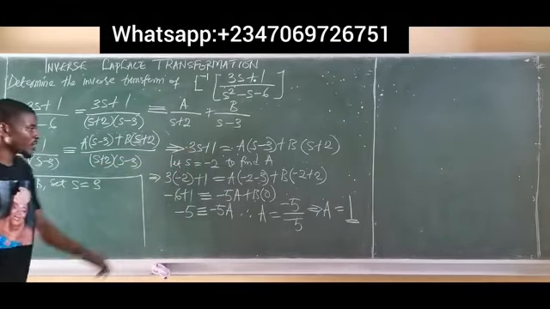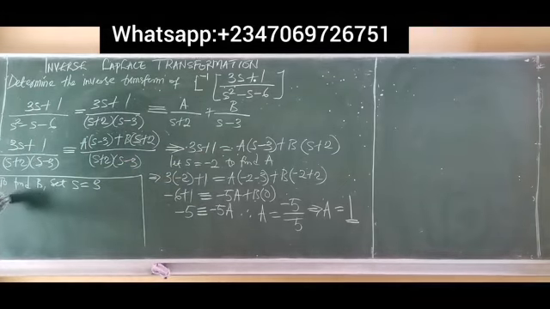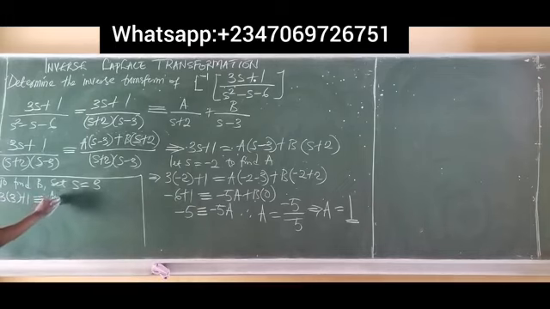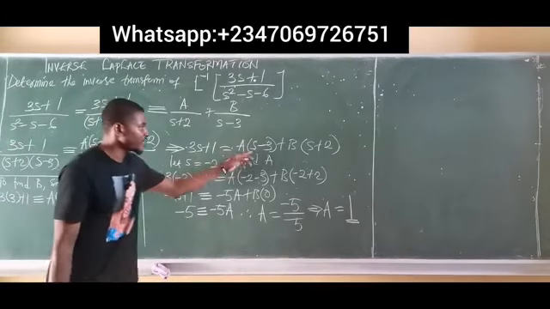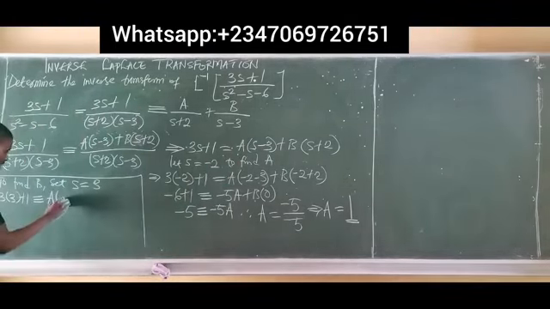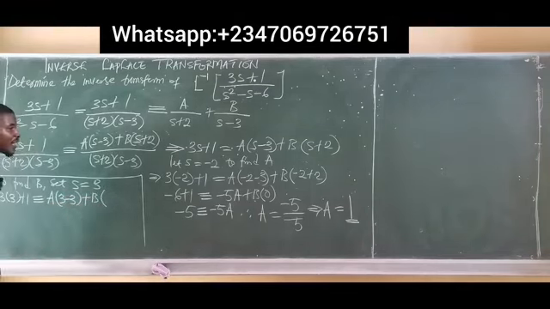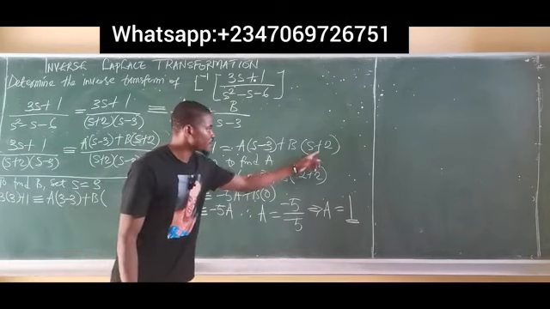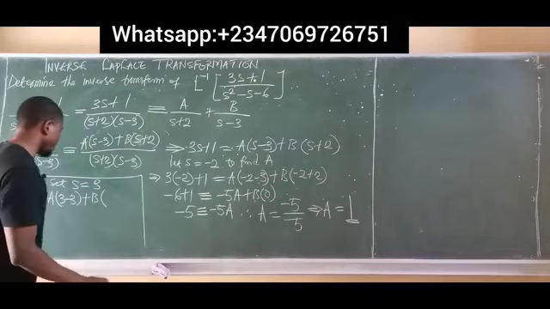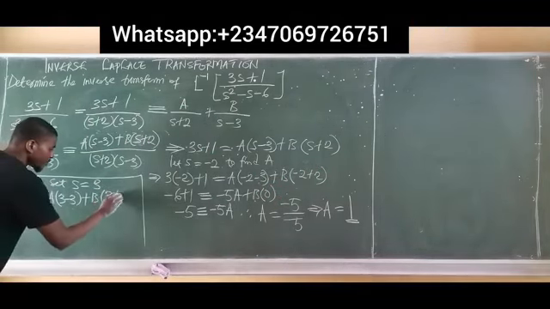This is 3s plus 1. You have 3 times, s now is 3, plus 1 being equivalent to a into s minus 3, and s now is 3, so this becomes 3 minus 3, plus b into s plus 2 for b. Now s is 3, so this becomes 3 plus 2. So 3 times 3 is 9, 9 plus 1 is equivalent to a into 3 minus 3 is 0.